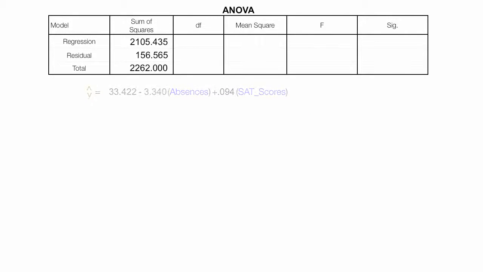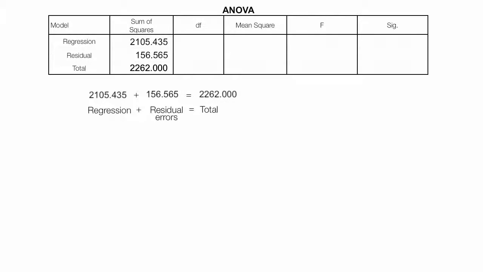And it turns out that regression plus the residuals is equal to the total. So regression model sum of squares plus residual sum of squares is equal to the total sum of squares. Let me show you. 2,105 plus 156 is equal to 2,262. Again, I'm rounding, that's okay.